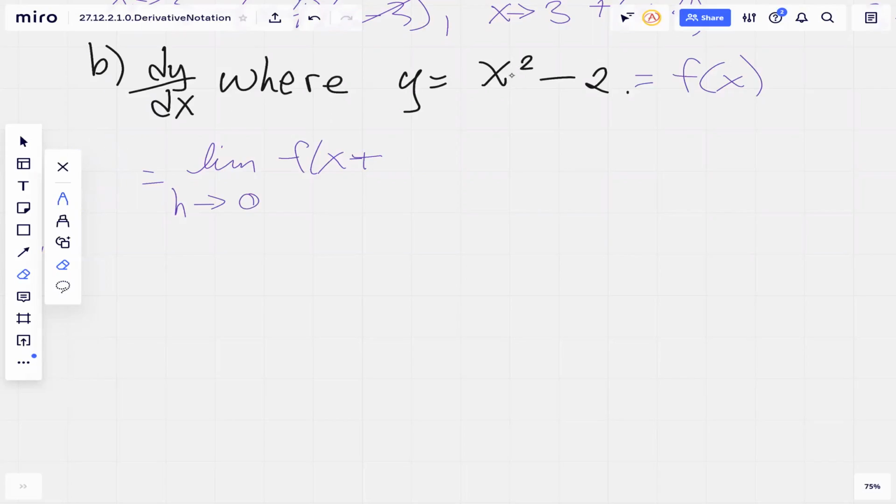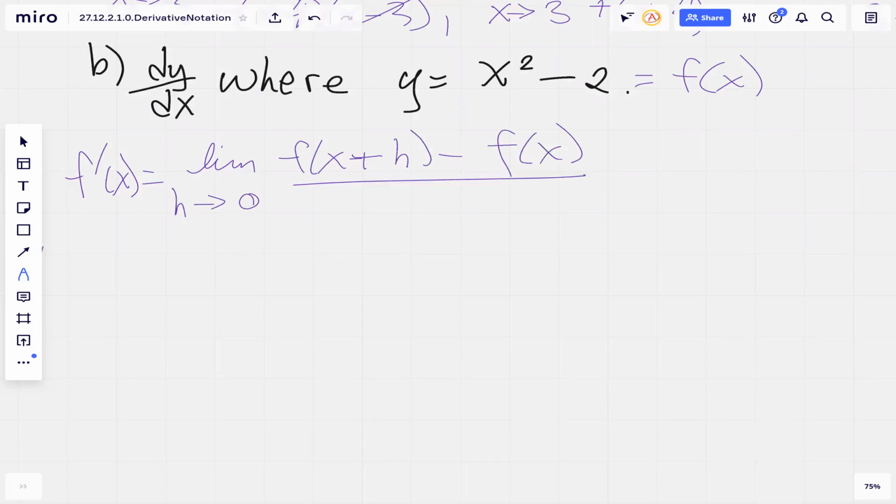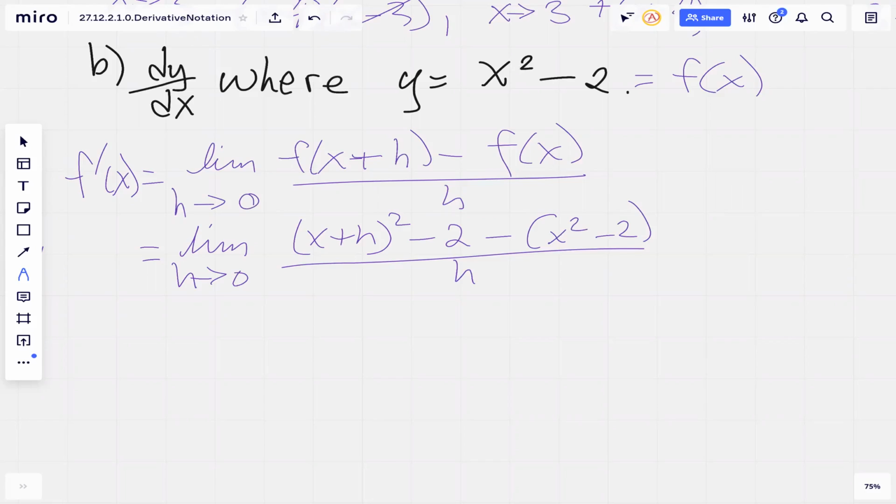So now we have f prime of x equals the limit as h approaches 0 of f of x plus h minus f of x, over h. Let's start plugging things in and see what happens. f of x plus h is x plus h squared minus 2, minus x squared minus 2, all over h.